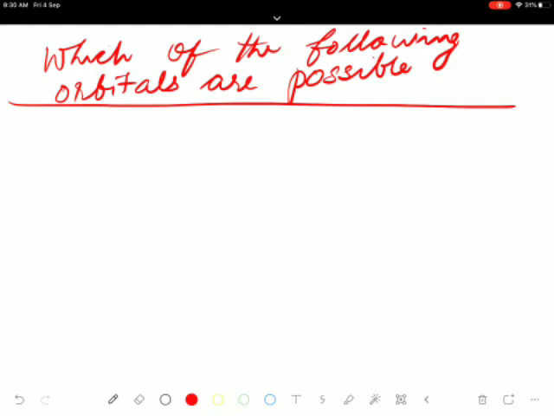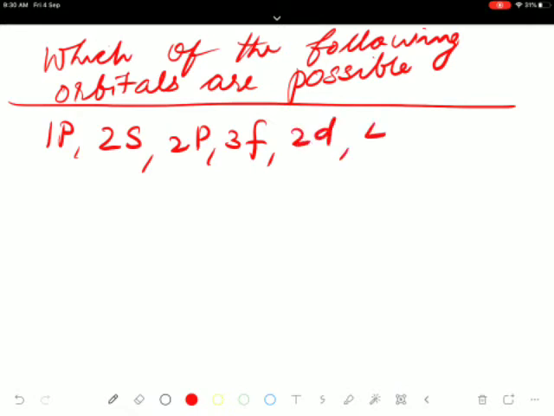I'm giving you some orbitals: 1p, 2s, 2p, 3f, 2d, 4f, 5g. Does 1p exist? No. In one, only 1s is there.